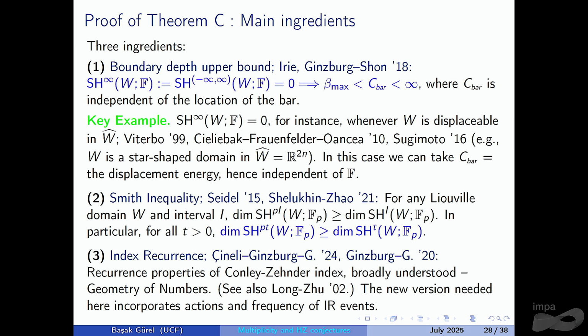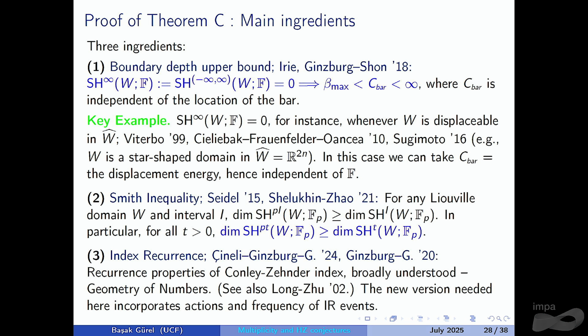And then the last part, as I already said, the index recurrence result, already went into action in this multiplicity result. This is a more combinatorial, number-theoretic result. This is not a symplectic result, I think, and goes back to the works of Lagrange. It is about recurrence properties of Hofer-Zehnder indices. Of course, we don't know precisely what happens to Hofer-Zehnder indices or other indices under iterations, but this theorem provides us some understanding.